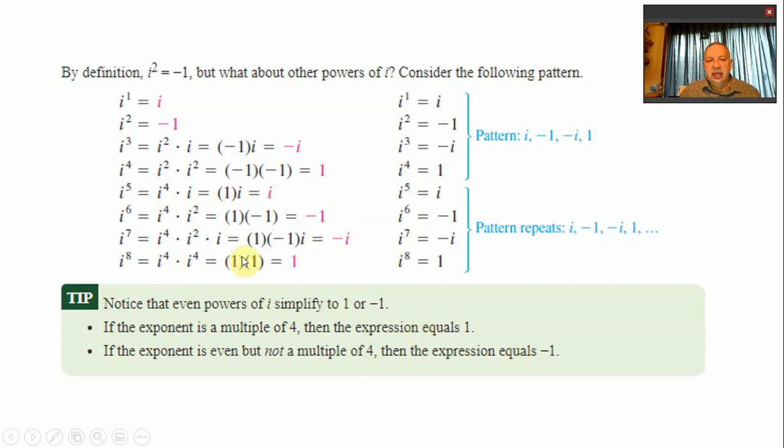So notice that even powers of i simplify to 1 or negative 1. If the exponent is a multiple of 4, then the expression equals 1. I can divide by 4. Whatever power I've got, I divide out the 4. So now it's just all the fourth. The whole numbers of fours give the plus 1. And I just need to look at the remainder to see how to handle it.